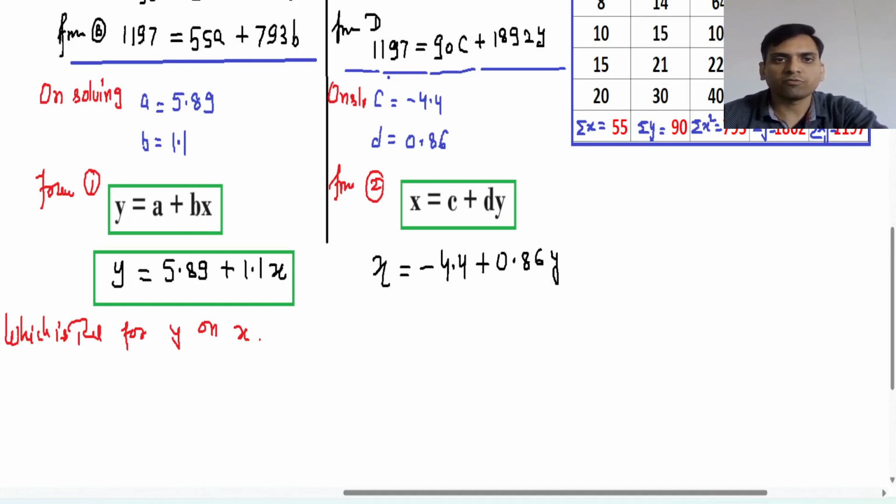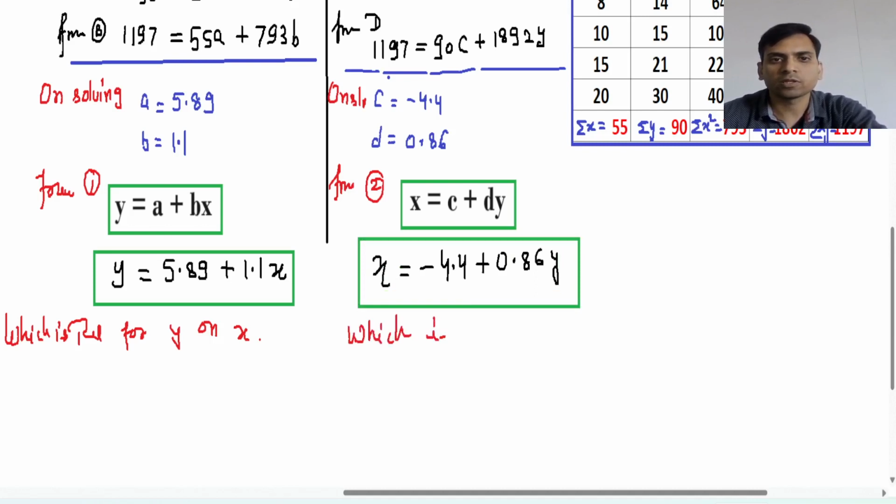So this is the form of x on y, which is the relationship for x on y. We are using least square method.